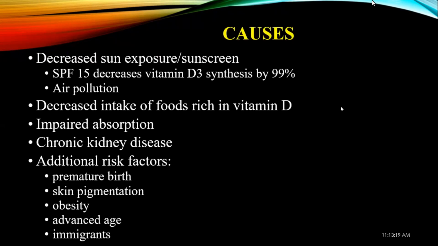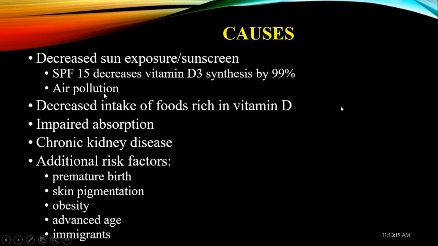So, causes for vitamin D deficiency. One is decreased sun exposure, or using sunscreen even when exposed to the sun. If you use more than SPF 15, it decreases vitamin D synthesis by 99%.